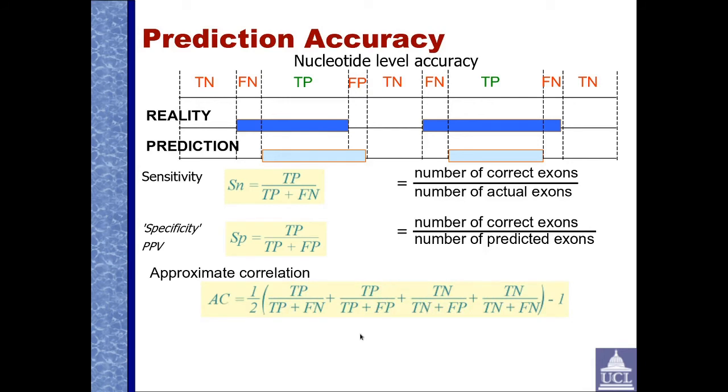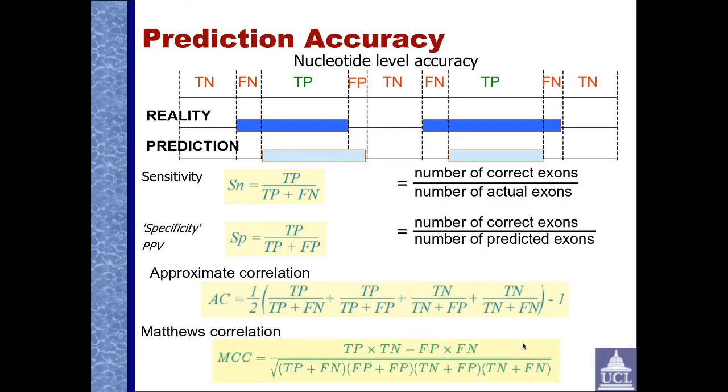Another statistic that's widely used is the approximate correlation, and this is a rather complex formula but takes into account true positives, true negatives, false positives and false negatives, as does the Matthews correlation coefficient, which for most prediction purposes is probably the best choice of metric. But again, approximate correlation coefficient tends to be used more frequently in this particular gene prediction world.